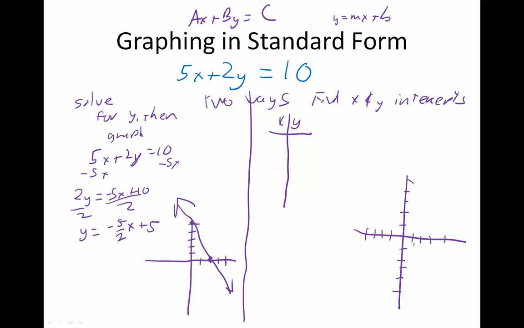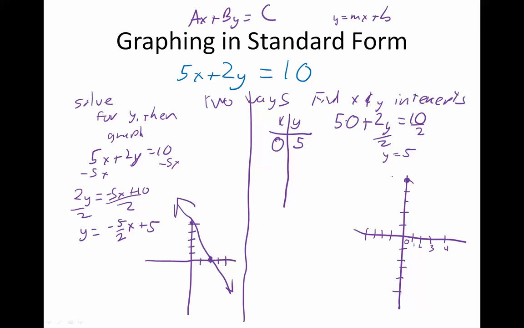It's 0. So I'm going to plug in 0 for x. So that's 5 times 0 plus 2y equals 10. I'm going to divide both sides by 2 and get y equals 5. That should not be a surprise that I have (0, 5), because that's where my y-intercept was on this one.